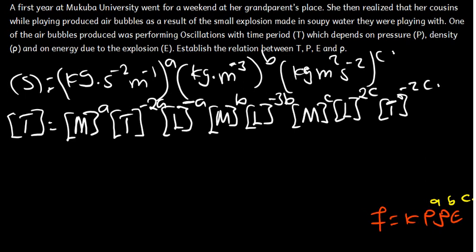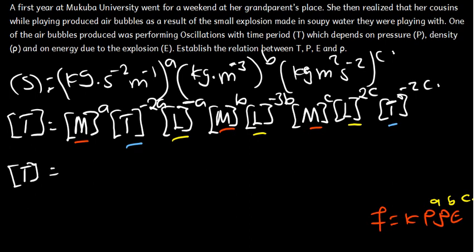Now from here, we have to compare. We have the common things. We have time, we also have time. Then we also have another one, which is length. Okay, so we are going to simplify it.